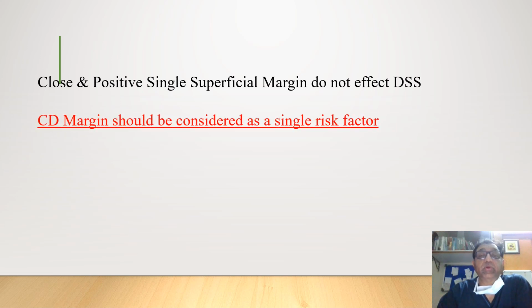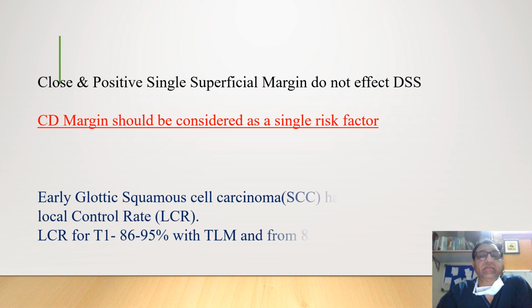Close and positive single superficial margin does not affect disease-specific survival. The patient can undergo a second laser or go for radiotherapy. Positive deep margin should be considered a single risk factor for transfer laser surgery.